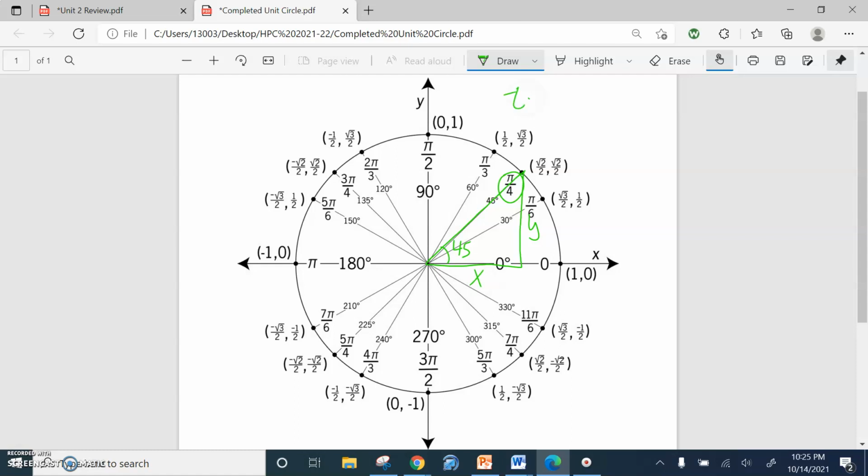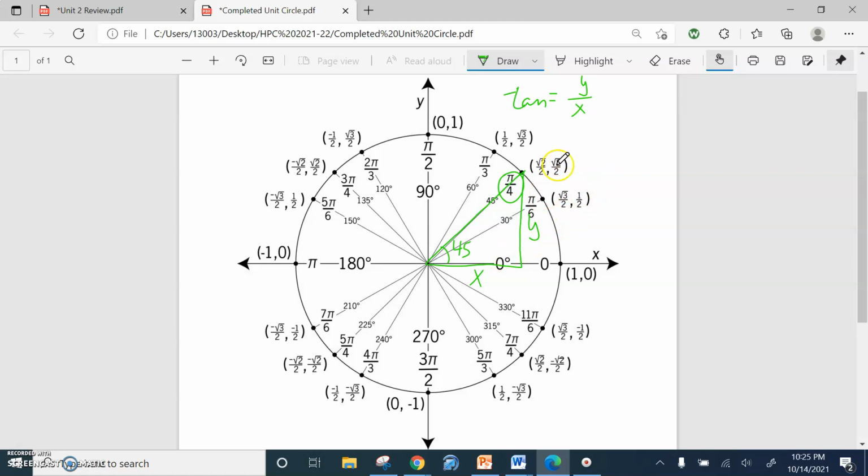So the tangent of the angle is just the y over the x. And the reason is tangent is opposite over adjacent. In this case, opposite would be the y position, and adjacent is the x. So it's pretty simple.